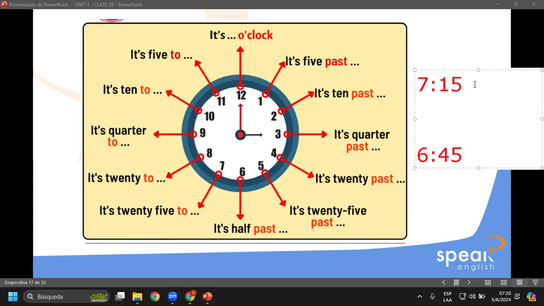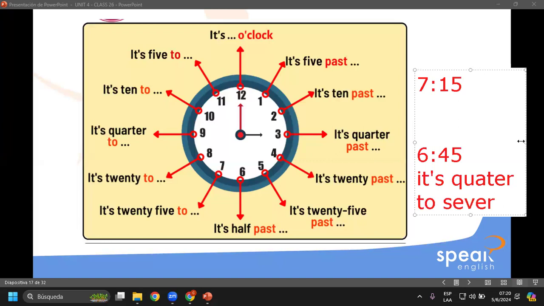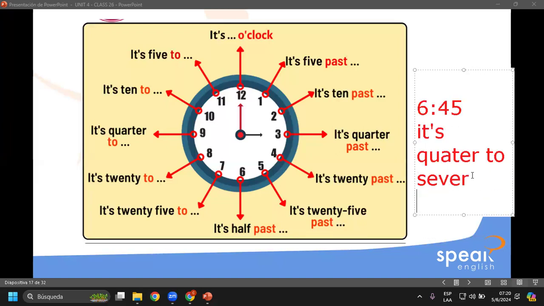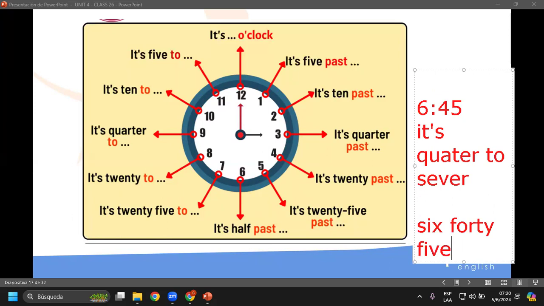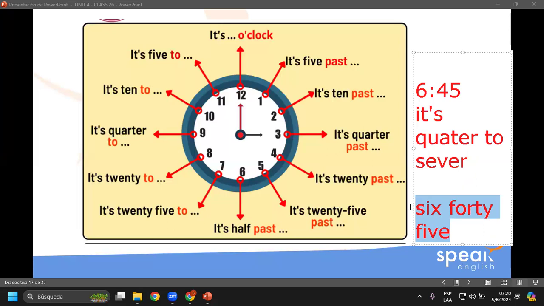If you see, 6:45 is the easiest one. I mean, look at the two options. We can say, okay, it's a quarter to 7. That is the first option. But you can also say only 6:45. So what time is it? It's 6:45. You have two options.